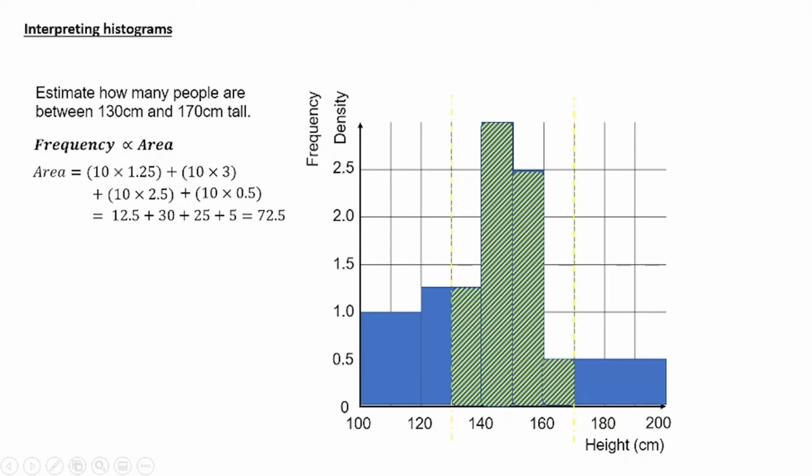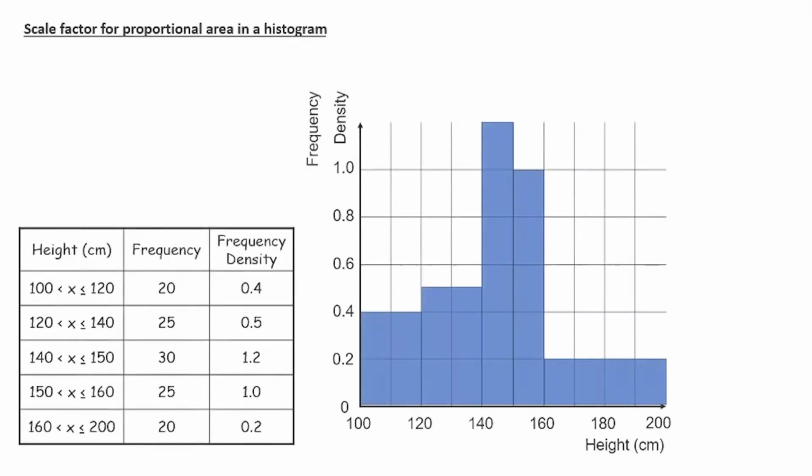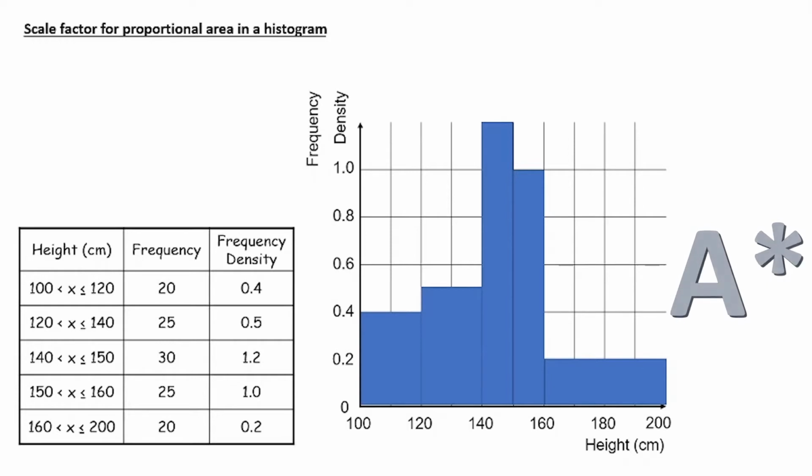An area of 72.5 represents a frequency of 72.5. Be careful though, the area is not always going to equal the frequency. More specifically, what we should say is that the area is proportional to the frequency, and we might need to use a scaling factor between one and the other.